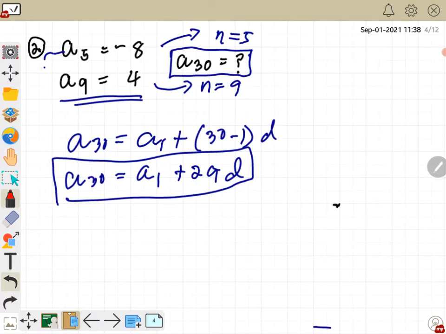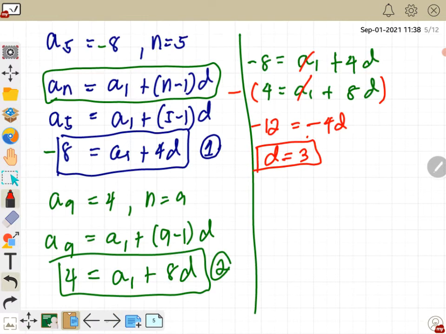So going back, we have now here a sub 30 equals a sub 1 plus 29 times 3, because we do not yet have the value of the first term. So we need to find the value of the first term. Let's substitute it here, the easiest way around. So we have negative 8 equals a sub 1 plus 4 times 3.